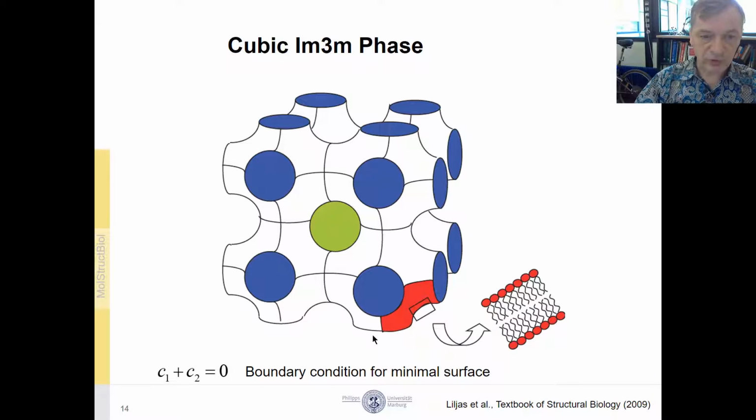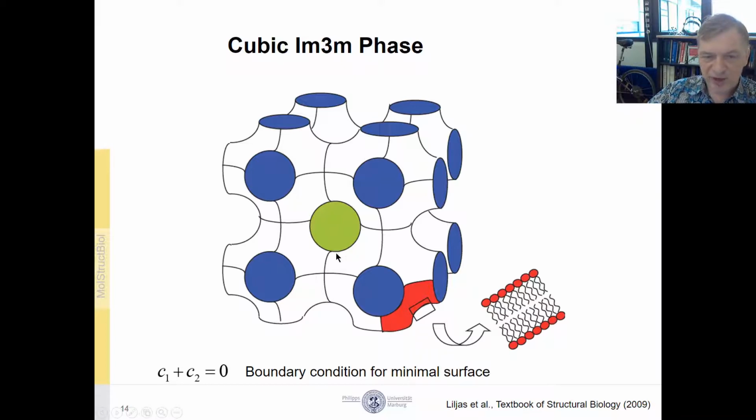Coming back now to the cubic phase. The cubic lipidic phase I have just mentioned before is interesting because the curvatures here, C1 and C2, are 0. That is the boundary condition for every minimal surface that is being formed, because that is the way where delta G adopts a minimal value for the distortion.